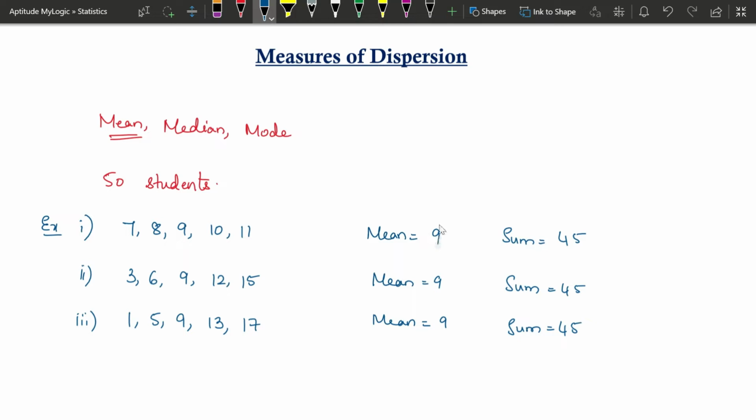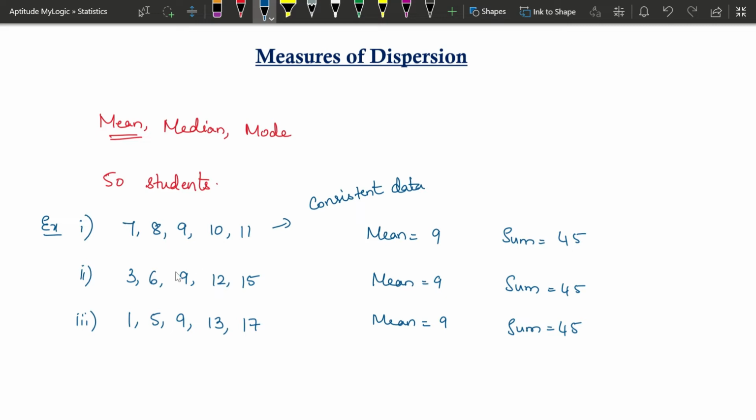Now if I check the first set of values, all the values are pretty close to the average value. So we say that it is consistent data, because all values are closely distributed around this mean.